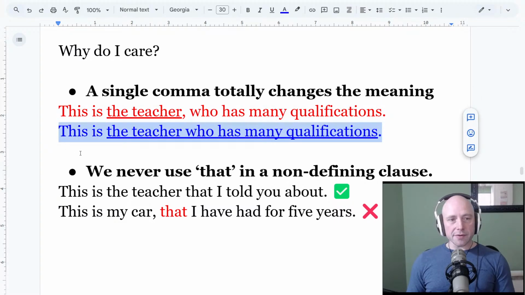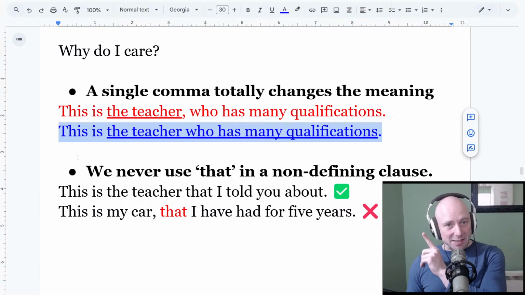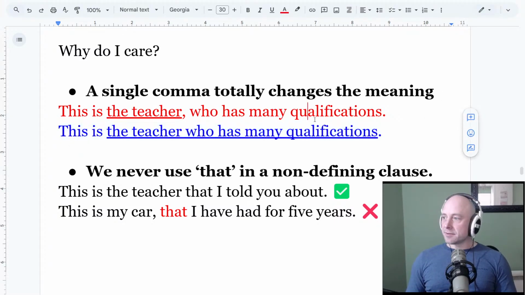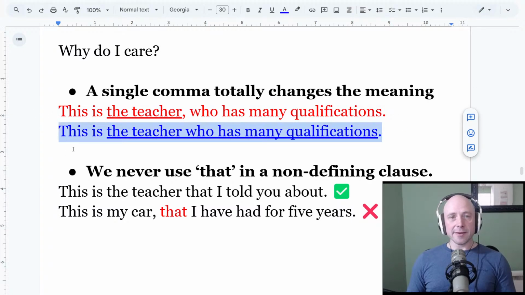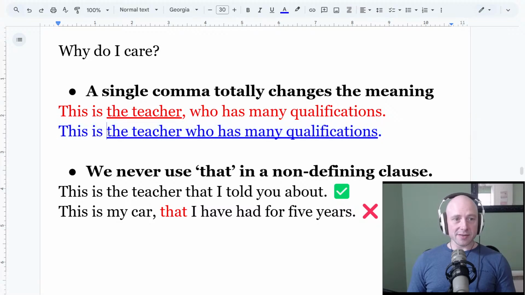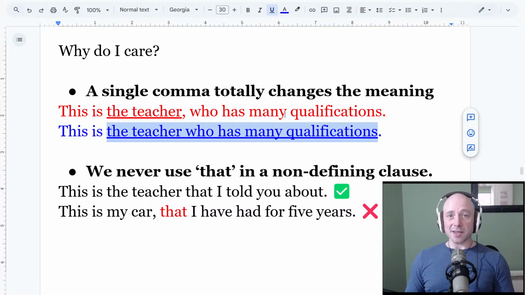In the second one, the implication is there are other teachers who do not have many qualifications, but now I'm indicating the specific one who does. So the first one, there is only one teacher. The second one, I am indicating one specific teacher as indicated by this noun phrase, whereas there are in fact other teachers.